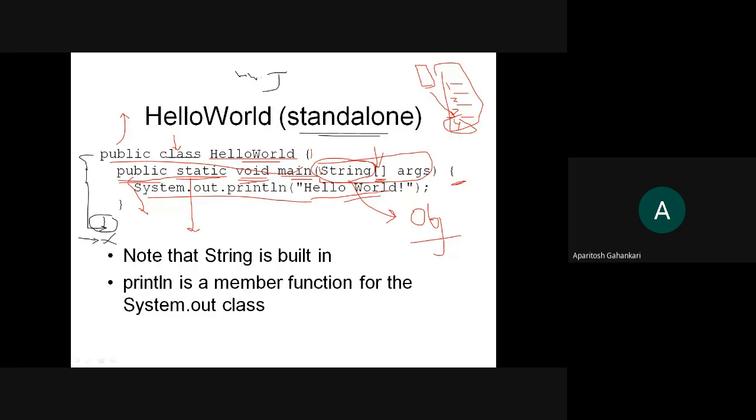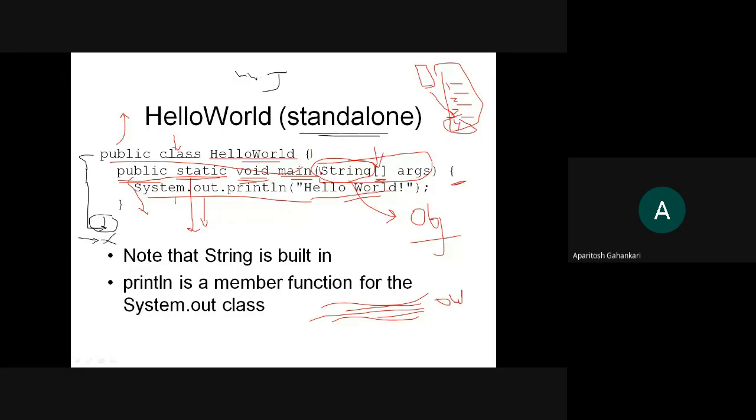So now what is this System.out.println? System is the name of the class. See, System is the name of the class, then out, and there are a number of other objects which are created. More specifically, these are the streams. Streams means, like a small stream of water flowing.